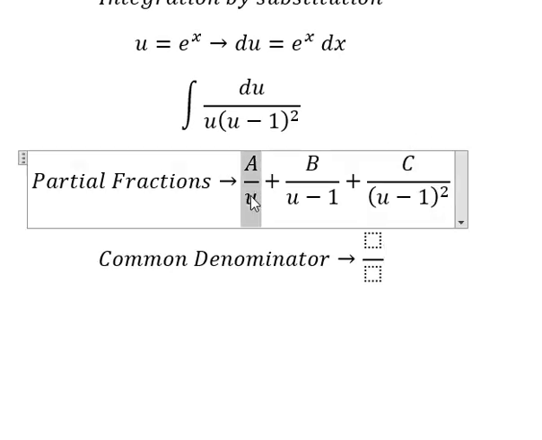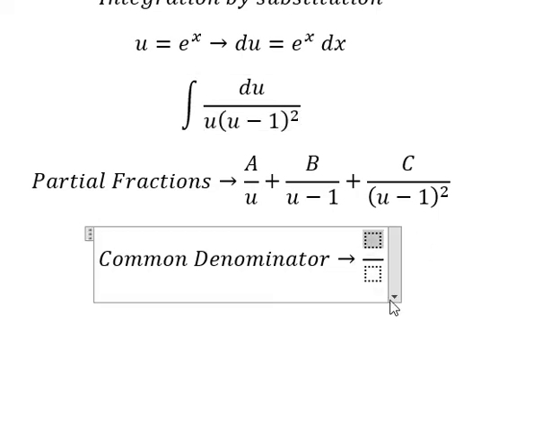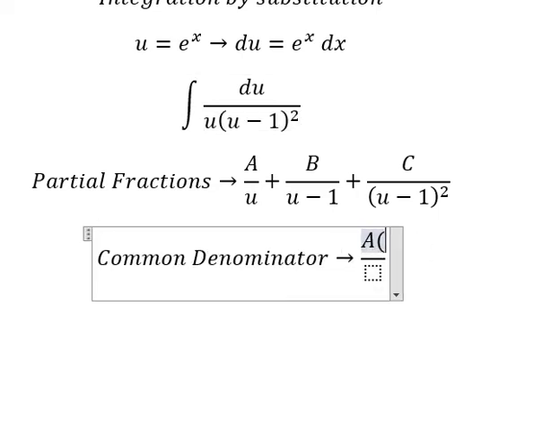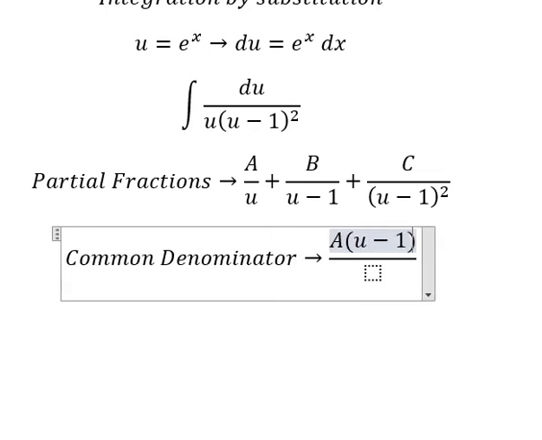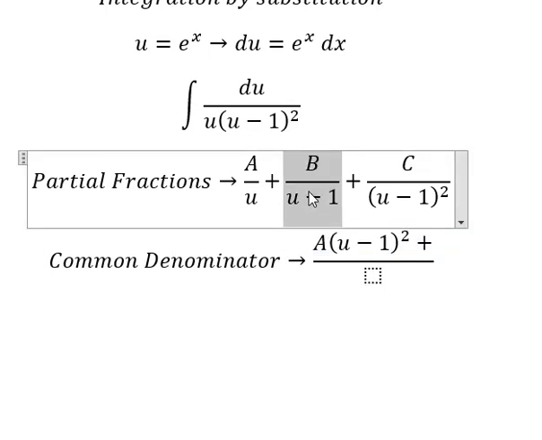About this one, it is missing u minus 1 to the power of 2. So capital A multiplied by u minus 1 to the power of 2. This one is missing u and u minus 1.